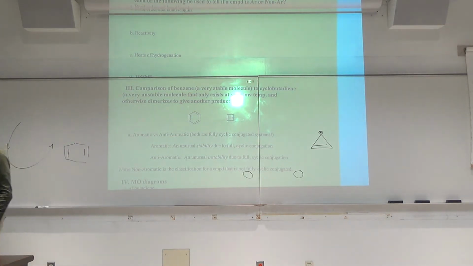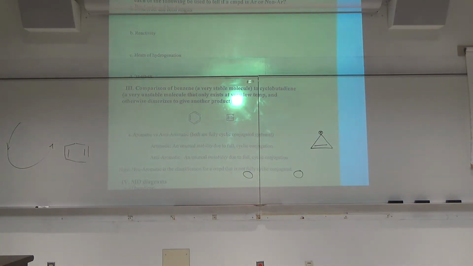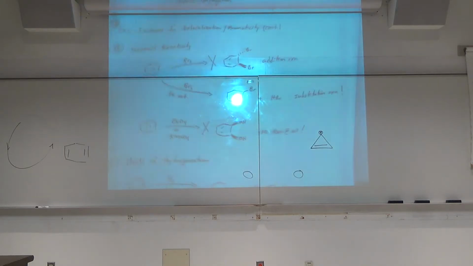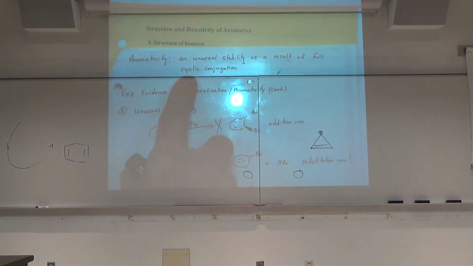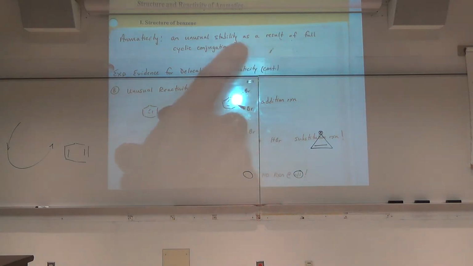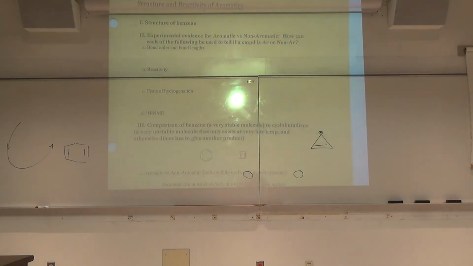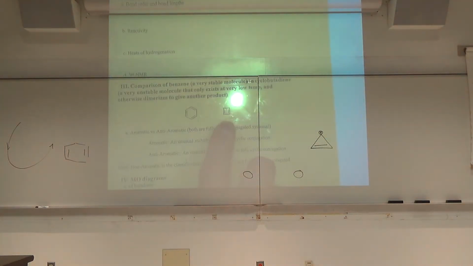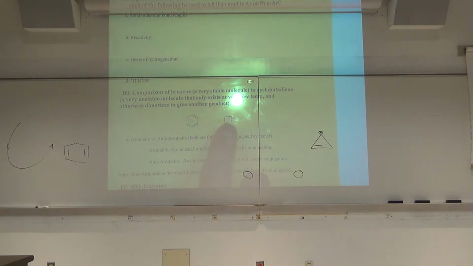So already we're having to modify our original definition. Because our original definition said aromaticity is an unusual stability as a result of full cyclic conjugation. Well, this is not an unusual stability.